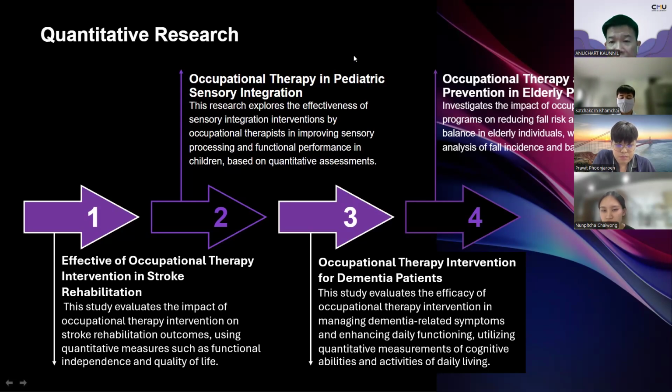And in quantitative occupational therapy for prevention in the elderly population, can this OT program reduce falling risks or not? Because older people are likely to fall down and break bones really quickly.